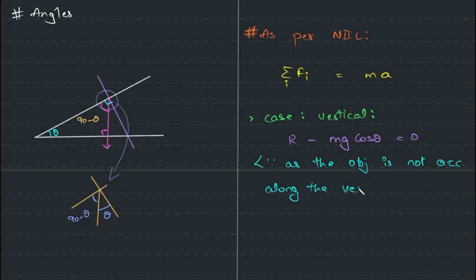It's not technically vertical, but vertical along the vertical. And so this is 0. Therefore, R is equal to mg cos theta. We'll need this. This was a simple relation. That's why I started with that.